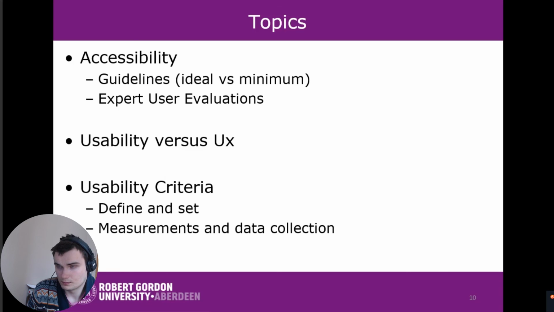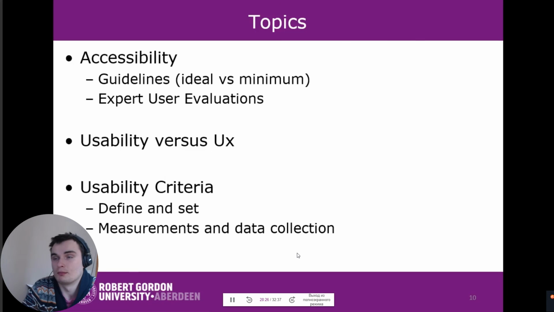And in that context, you've both done exercises and you need to be well versed in how to set usability criteria for any given site. Again, this is not a hard and fast correct answer. It has to be reasonable. So this is when you actually have to define them, you have to set them, and you have to specify how you might measure things and how data might be collected.